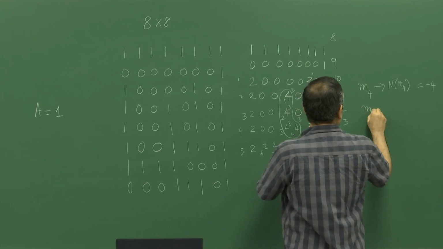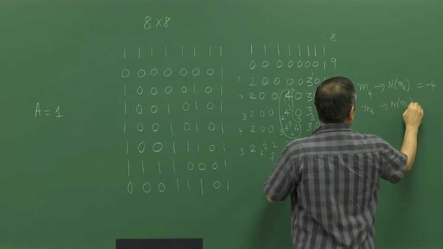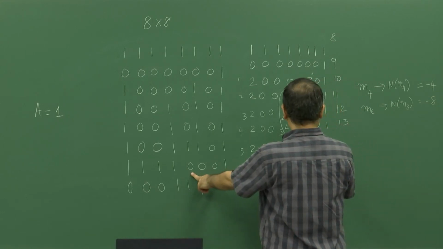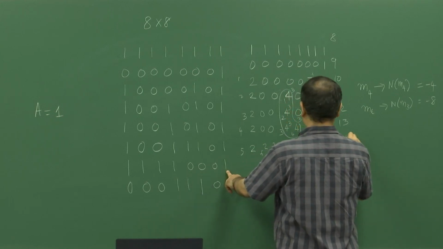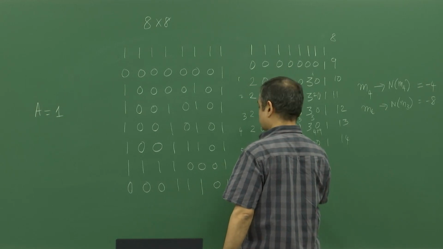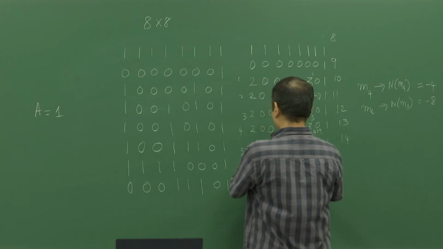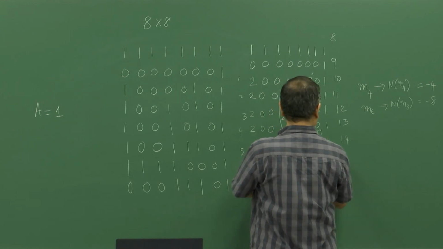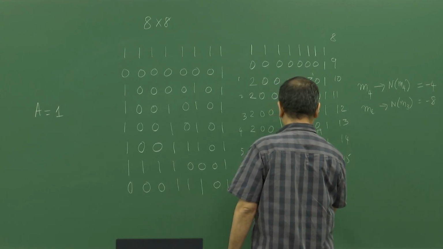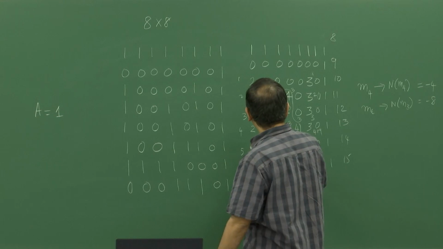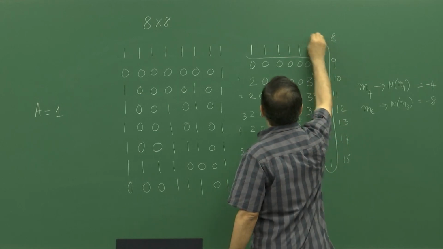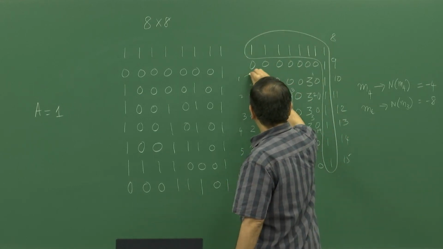So for 3, now I will make n of M3 to be minus 8, 2, and then 0, 0, 0, 1, this is 14. Now we go here, 0, 0, 0, this is all 2, 2, 2, 2, 0, 1. So this is 15 and 16, 17, 18, 19. So you can see that there are only 2 clusters, this is one cluster and this is the other cluster.